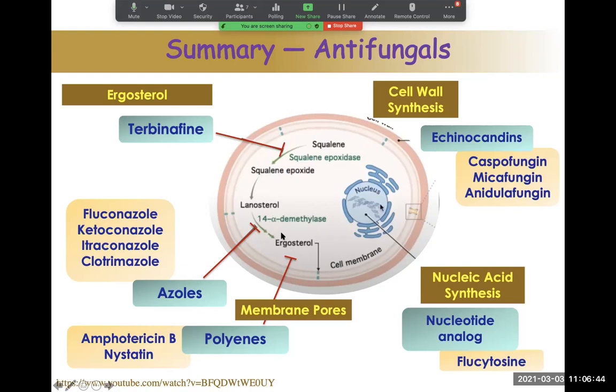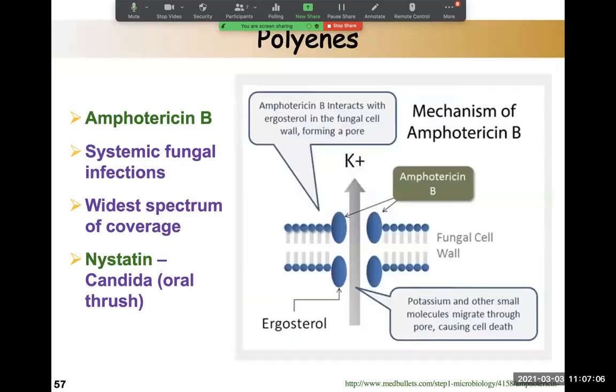Then specifically on ergosterol are the polyenes, amphotericin B and nystatin. Among nucleoside analogs, flucytosine is the only one, and for cell wall synthase you have the echinocandins, and there are three of them: caspofungin, micafungin, and anidulafungin. So this is the summary of the antifungals.